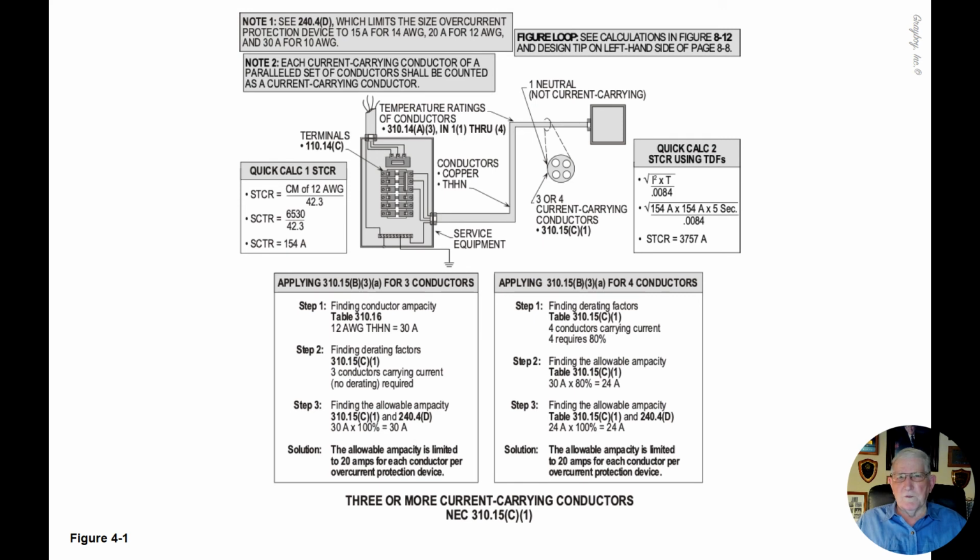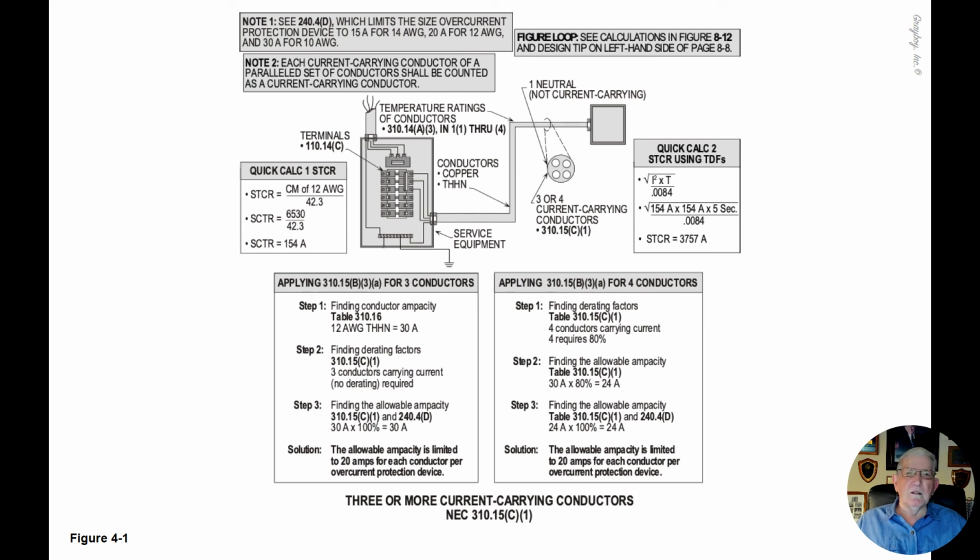So remember how to calculate. If the examination doesn't call for a certain quarter, half, or 2 cycle clearing time, then we would use calc 1.